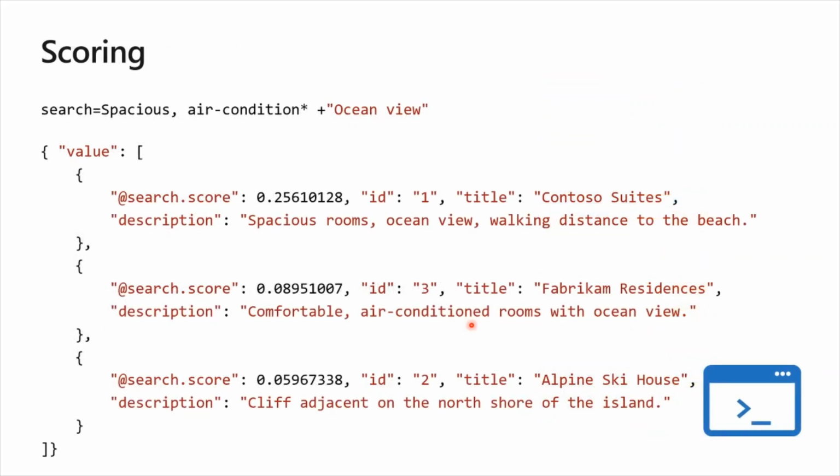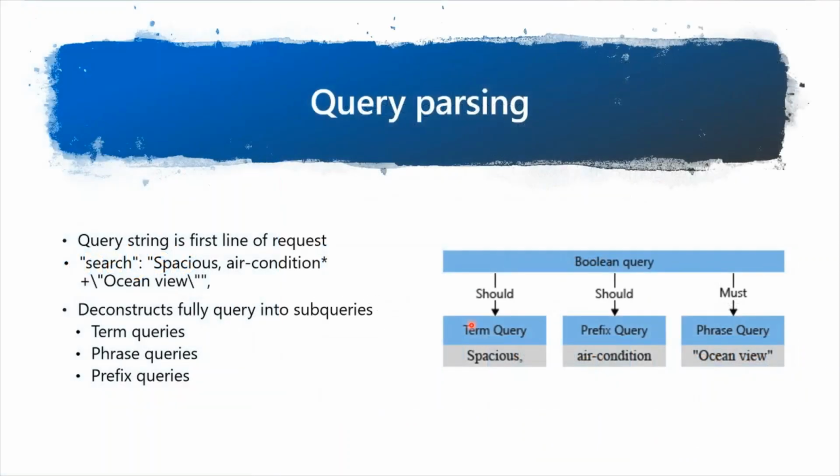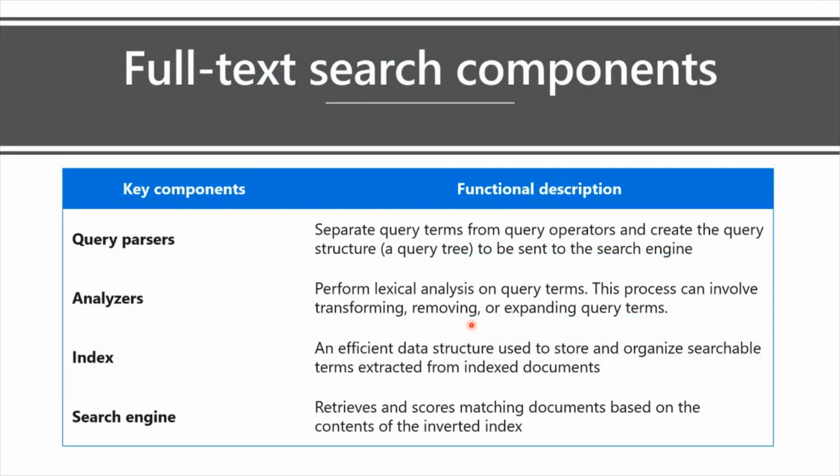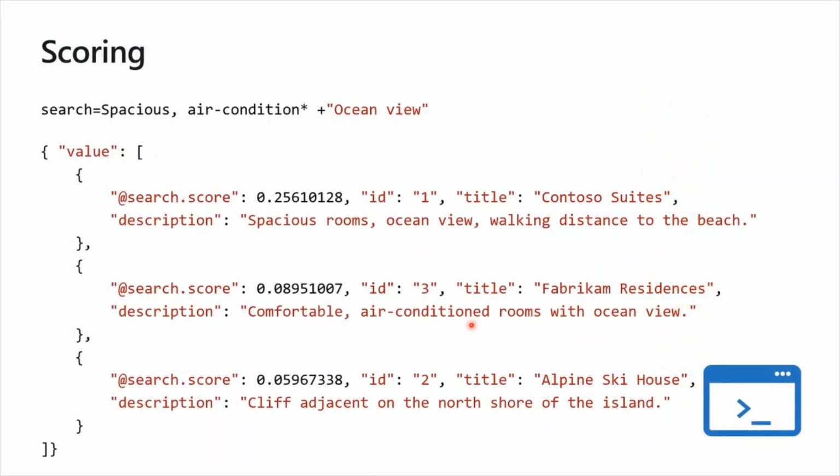Scoring. On top of lexical analysis and query parsing, you can also add scoring. Every document in the search result is assigned a relevance score. The function of the relevance score is to rank higher those documents that best answer a user question as expressed by the search query.